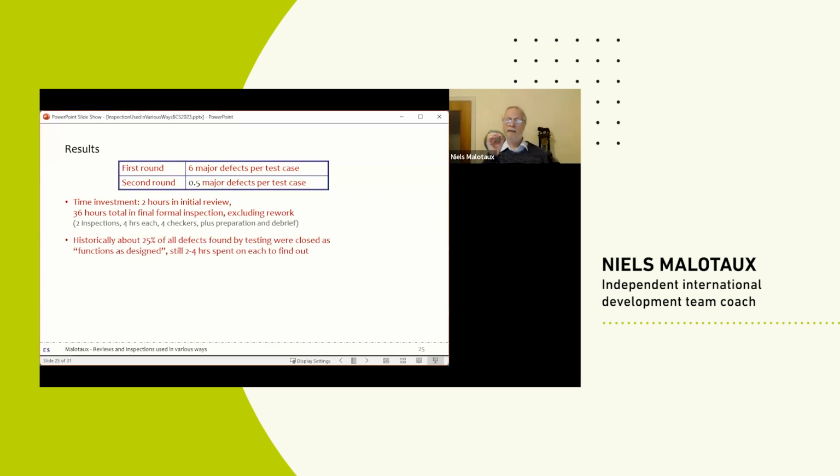And then Erik said, historically, about 25% of all defects found by testing were closed as functions as designed. That means the tester thinks it's wrong, but with more investigation, it means that the tester didn't understand it well, and the result was actually right. But still, it took 2 to 4 hours for each of these to find out whether it was a negative or a positive result.